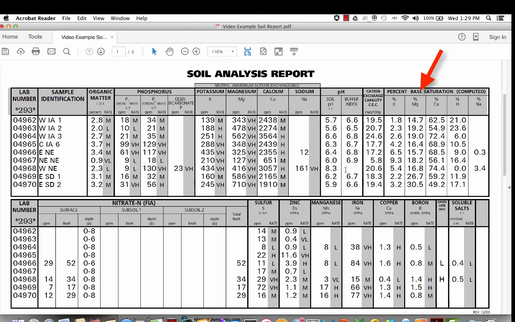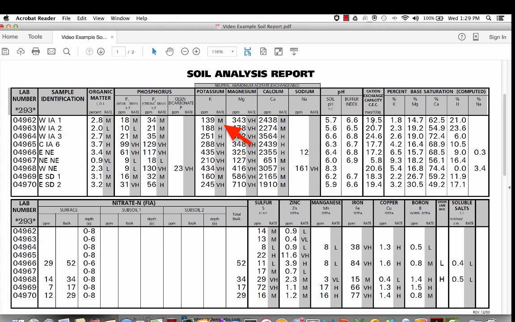So as we look through these samples, from a potassium perspective, sample number 1 here is well below that 3% range, so is sample number 2. Sample number 3 is a little closer to that 3% range. So over here on the part per million side, we are going to be making recommendations to build these soil test levels because we're well under the 200 part per million with the second sample.